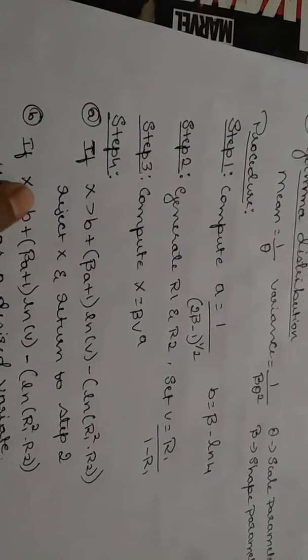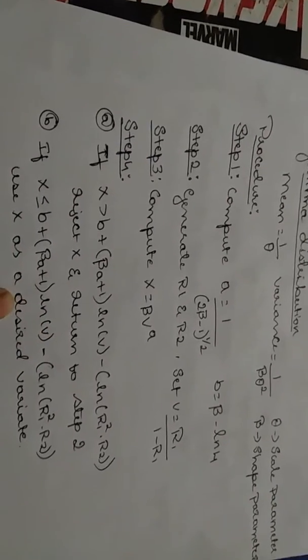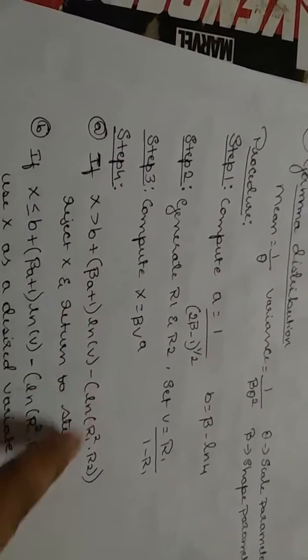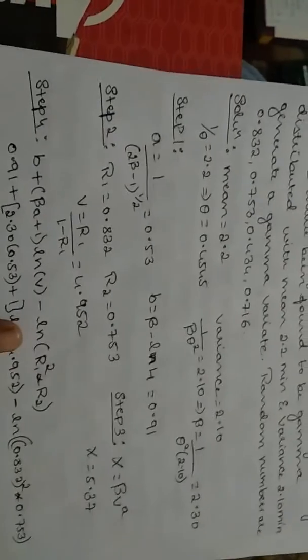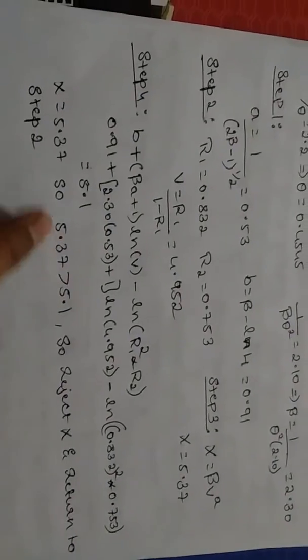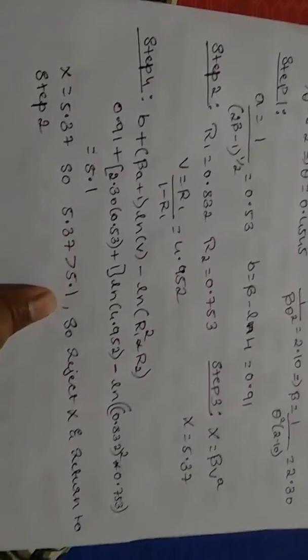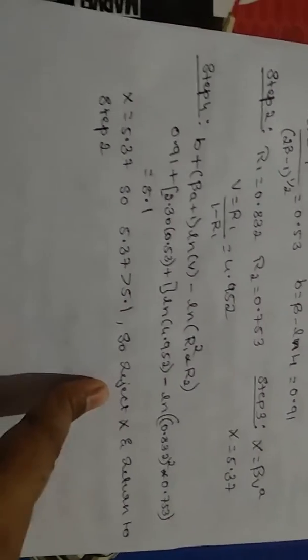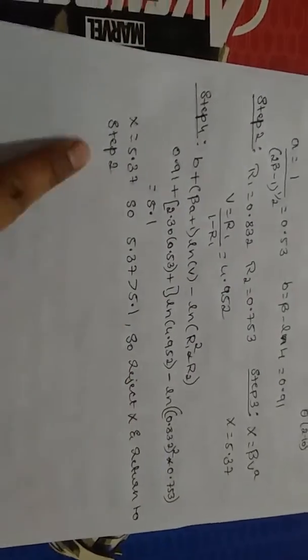Always X should be less than or equal to this value in order to accept. If it is rejected, you go back to step 2. Here X is greater than 5.1, so I am rejecting and returning to step 2.